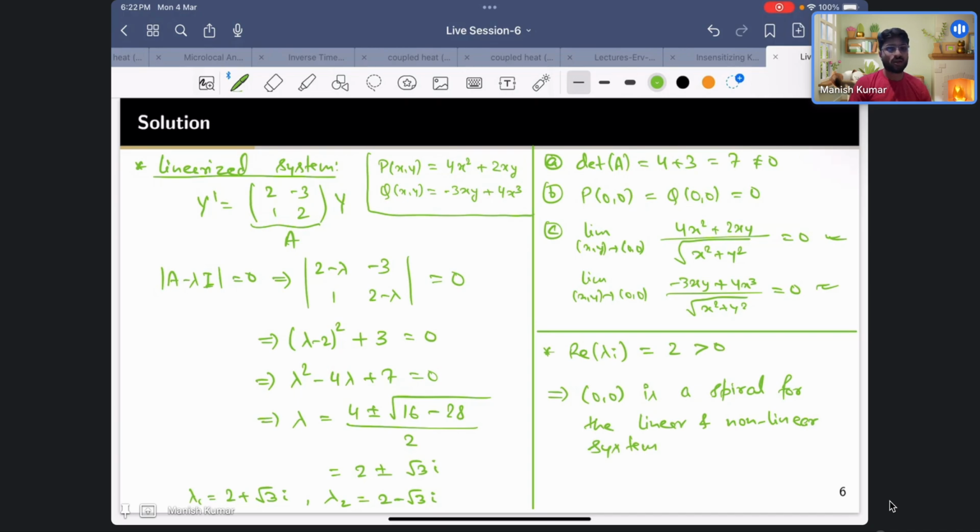And you know that this real part is positive. That means it's unstable. I mean the spiral is unstable, right?